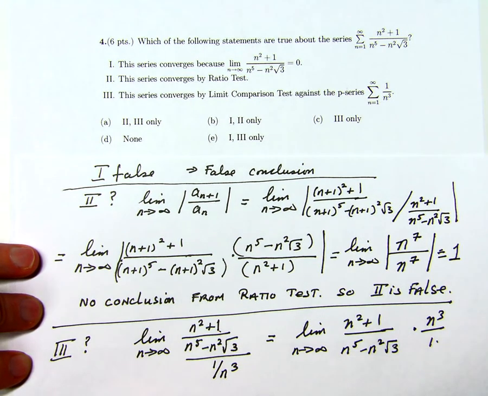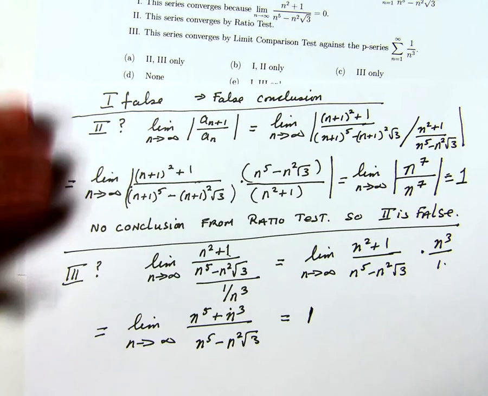So the limit here, once again, we look at leading terms, or in fact it's very easy just to calculate the entire rational function. It's n to the 5 plus n cubed over n to the 5 minus n squared times the square root of 3, divide by n to the 5 above and below, and you find that limit is 1.